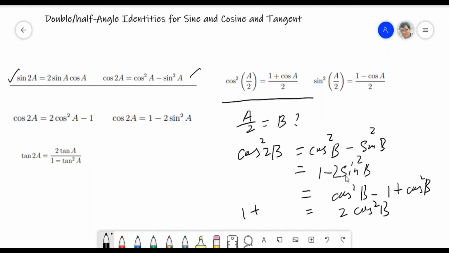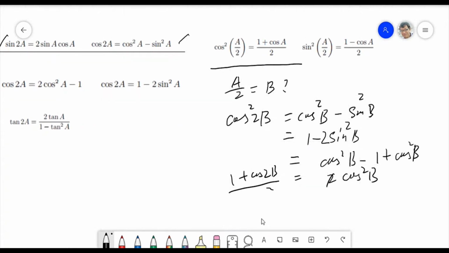So 1 plus cosine 2b divided by 2 equals cosine squared b. A here is 2b, so let's substitute 2b with a. So this is equal to 1 plus cosine a over 2, which equals cosine squared of a over 2. So we got it here.